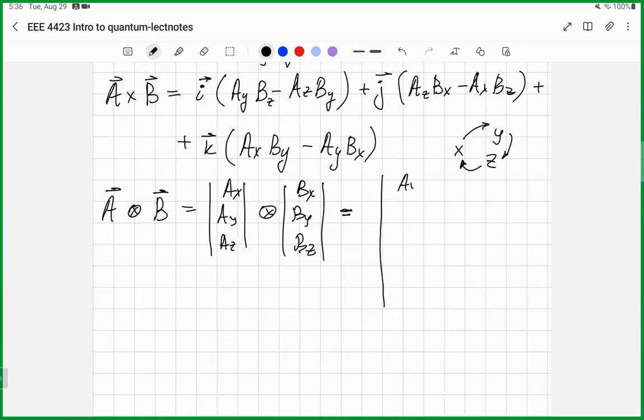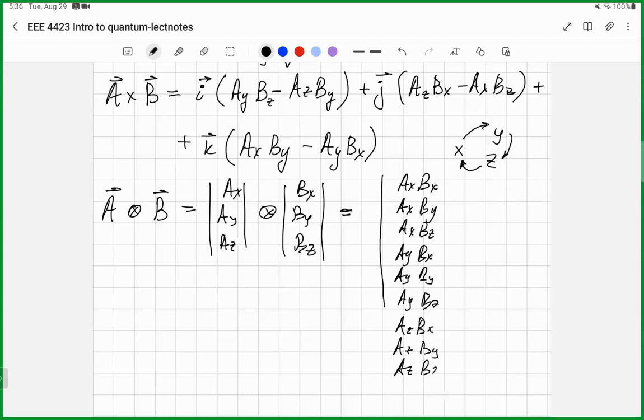So it's gonna be ax bx, ax by, ax bz, ay bx, ay by, ay bz, az bx, az by, az bz.